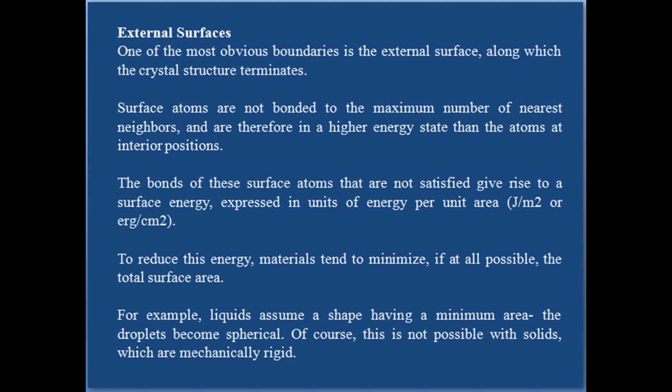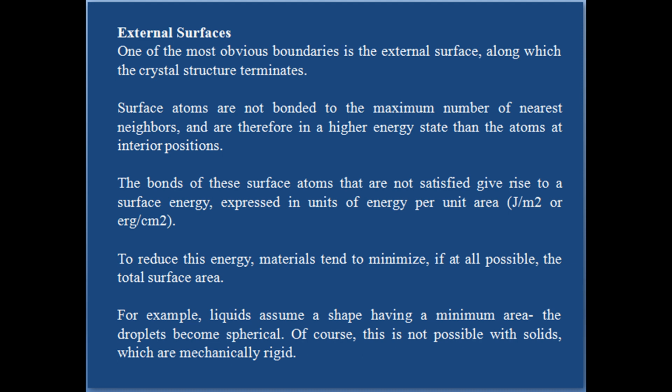To reduce this energy, materials tend to minimize, if at all possible, the total surface area. For example, liquids assume a shape having a minimum area. The droplets become spherical. Of course, this is not possible with solids, which are mechanically rigid.